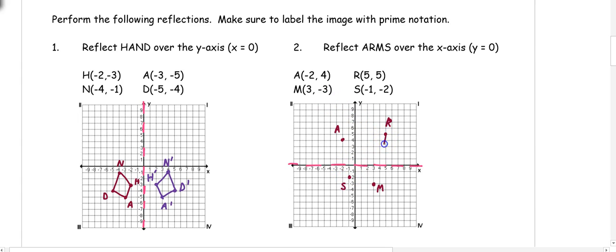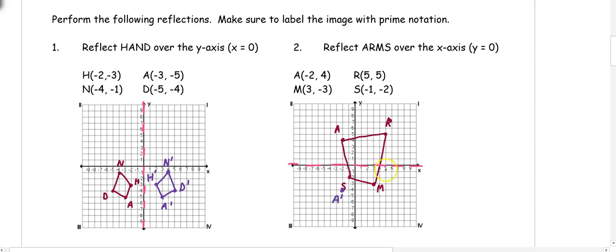Notice that this time some of my points are on top of my line of reflection and some are on the bottom. This is okay. When we reflect, they're just going to switch spots. If they're on the top, they move to the bottom, and if they're on the bottom, they move to the top. A is 4 away from the line, so I go down 4. That's A prime.